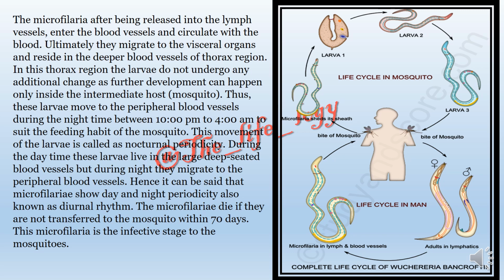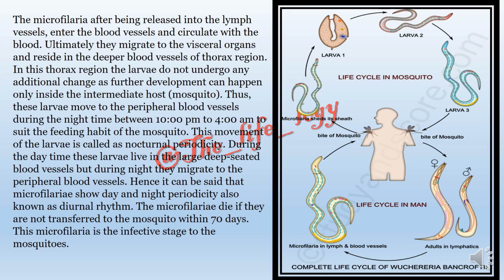So basically, after release, the microfilariae reside in the deeper blood vessels of the human, and further development will occur in the Culex mosquito.